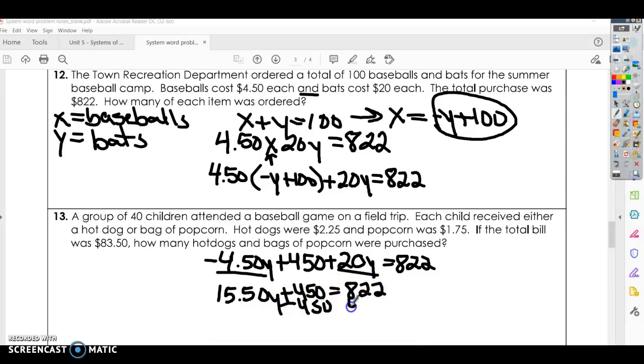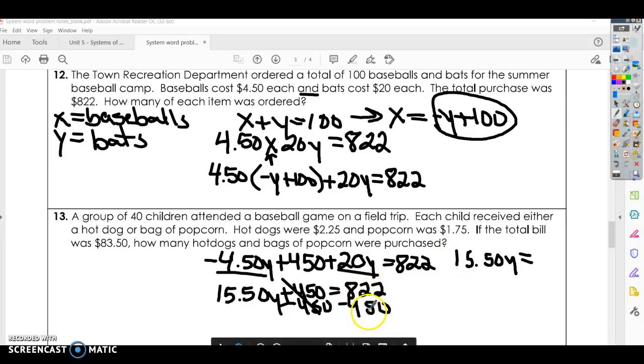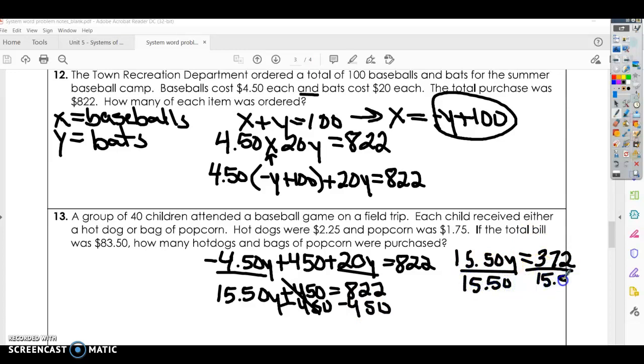I'm going to subtract 450 from both sides. So I'm going to have 1550y is equal to 822 minus 450. 822 minus 450 is 372 divided by 1550. So y equals 24.